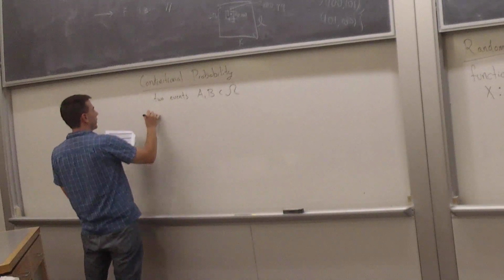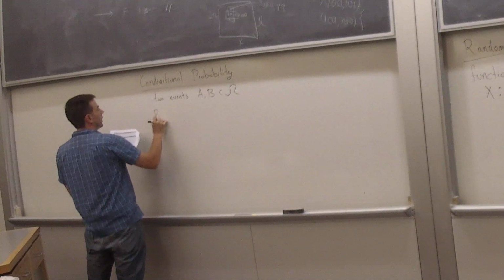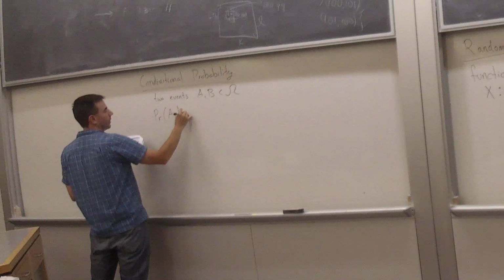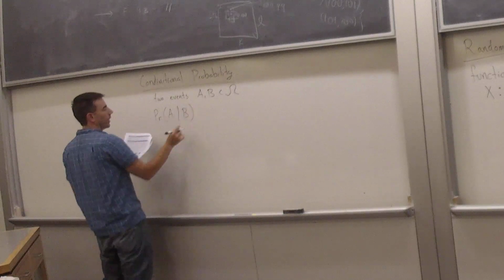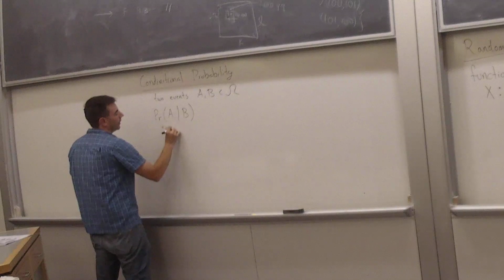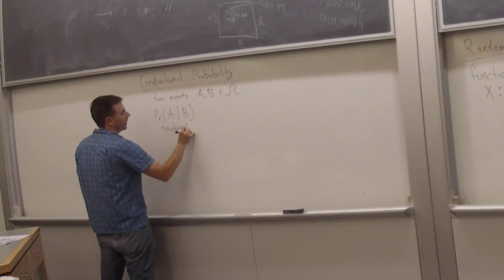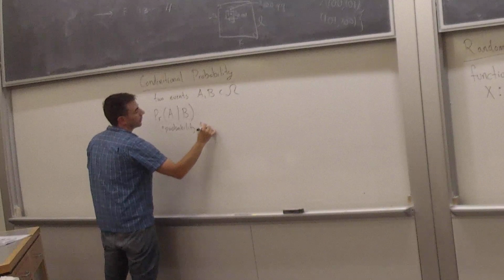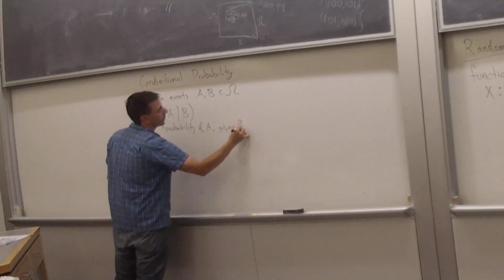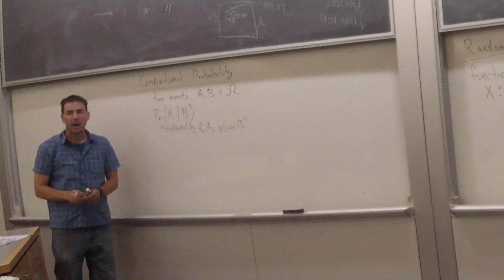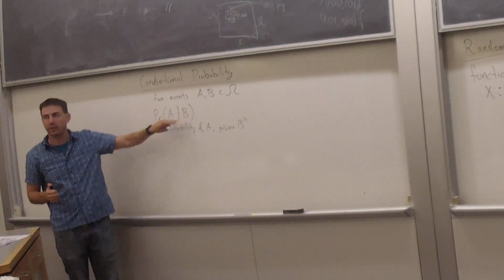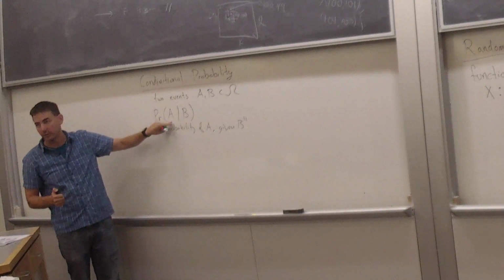Okay, and so the conditional probability is written as the probability of A given B. That means I'm going to assume B is true, and then I'm going to tell you what the probability of A is.